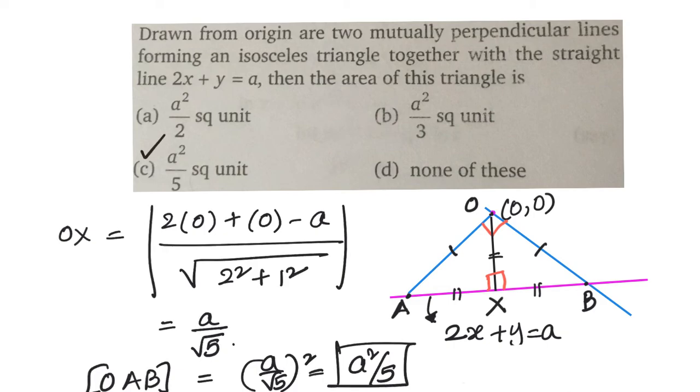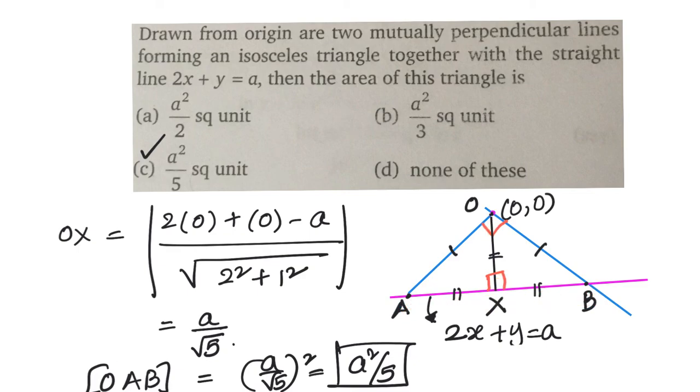Let's have a quick recap of this particular problem. We have been given two mutually perpendicular lines drawn from origin forming an isosceles triangle with the straight line 2x + y = a. What is the area of this triangle? The first thing we can find is the distance of the point from the line, which is the altitude. Now what is our base? Our base is AB.